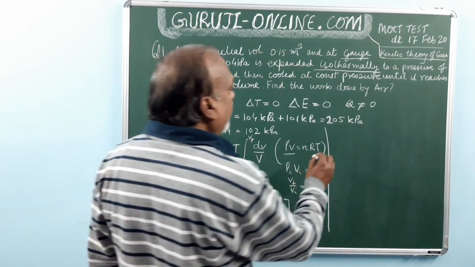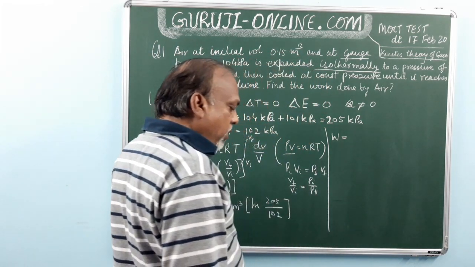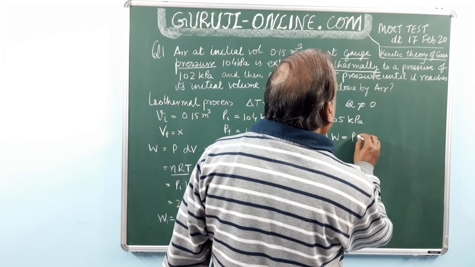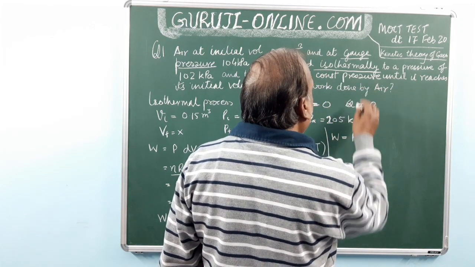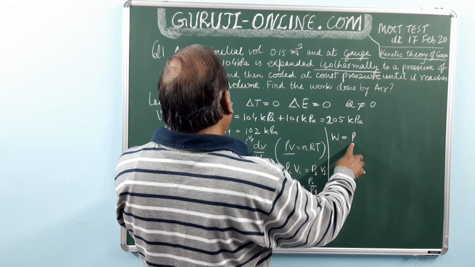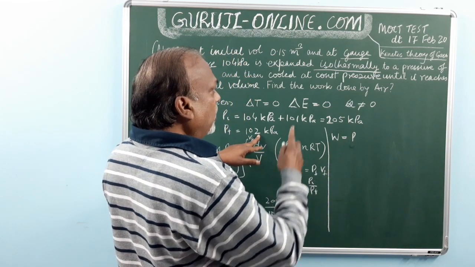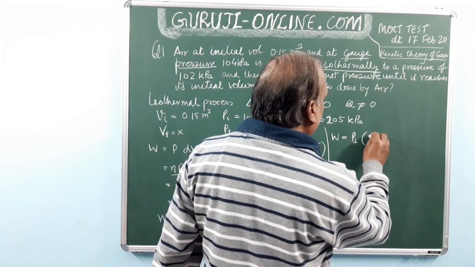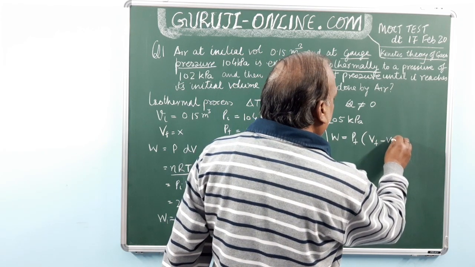That will be W equals P, it is the constant pressure. We can write P as this PF, because this pressure will be maintained throughout the cooling process. We can write it as PF and then VF minus VI.